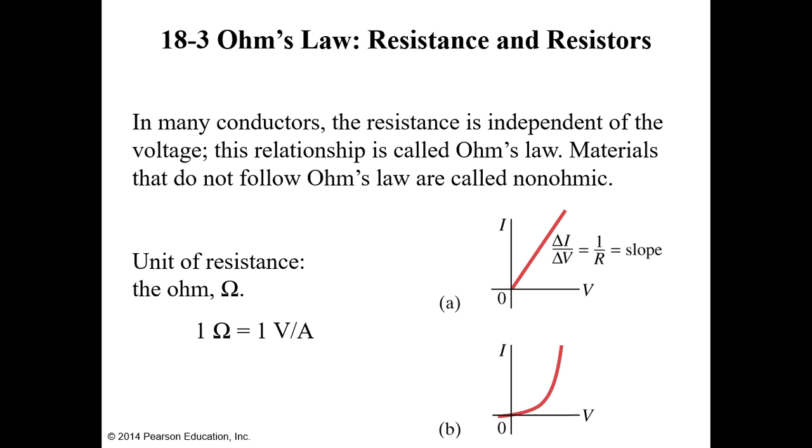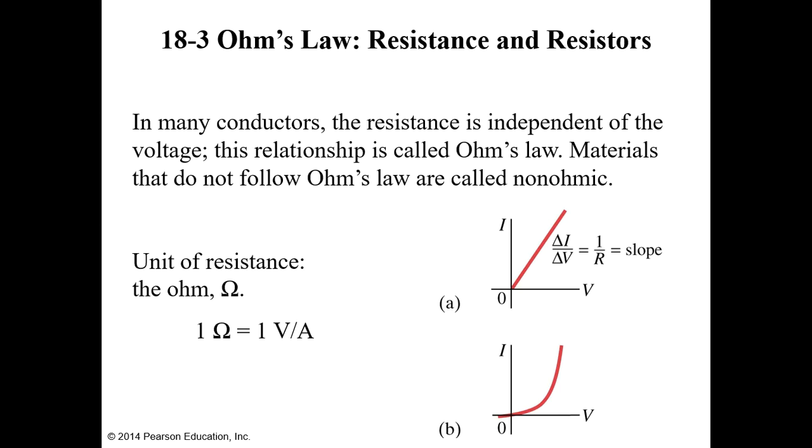But a way that we can talk about it physically is kind of like the electrical equivalent to friction. If you have motion, friction will impede the motion. Well, likewise, if you have an electric current, resistance will impede that current.